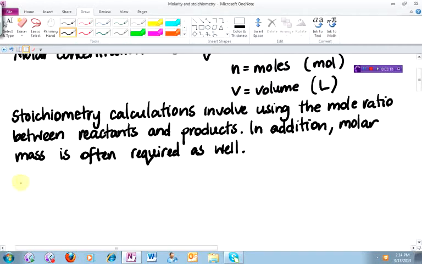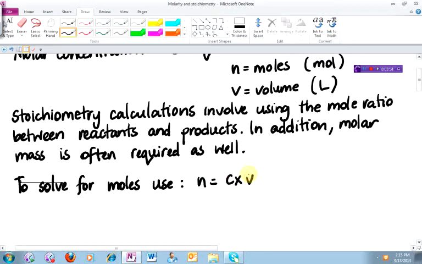So the equation that we're going to use to solve for moles is n is equal to C times V. So if you're given the concentration and you're given the volume of solution, you can calculate the number of moles.